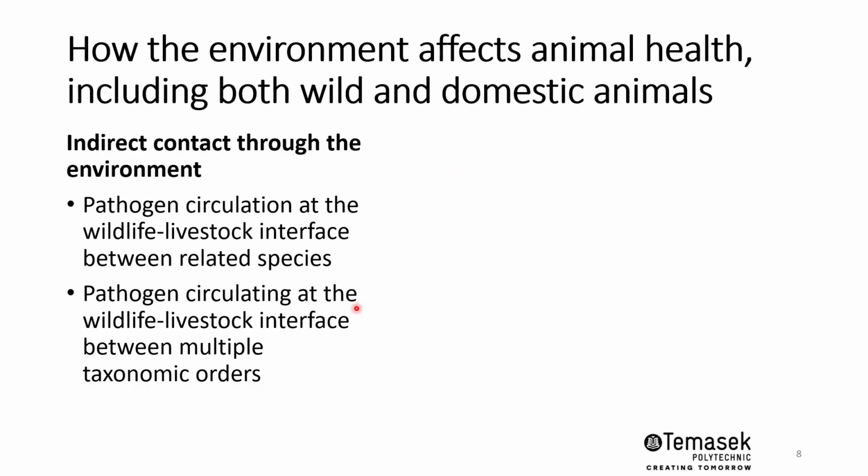Another good example is a multi-host pathogen, right? Salmonellosis, or Salmonella species, are known to affect various mammals, birds, even reptiles as well. The well-known influenza virus, avian flu, the bird flu in short, affects birds, chickens, and aquatic birds as well.